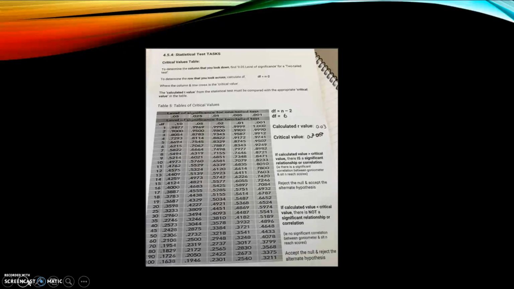And then this will give you a critical value of 0.7057, and our calculated R value was 0.03. This is below our critical value, so we reject the null hypothesis, which means results are statistically significant.